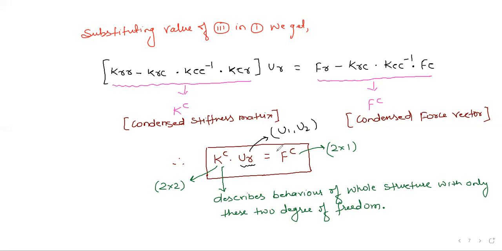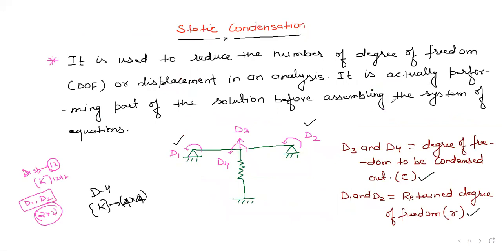This is all about static condensation. Here I have written one thing. This K of C describes the behavior of the whole structure with only these 2 degrees of freedom. What does it mean? This K of C will describe the behavior of the whole structure by only these 2 degrees of freedom. This is why I have given the definition itself. It is actually performing part of the solution before assembling the system of equations.